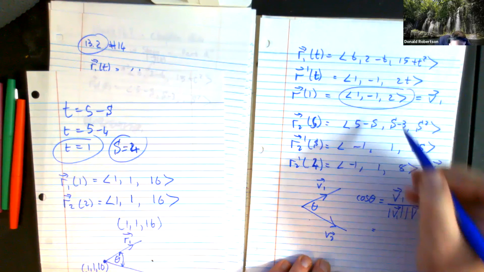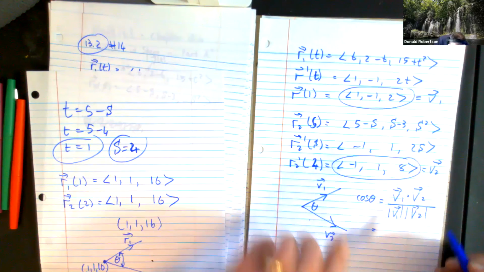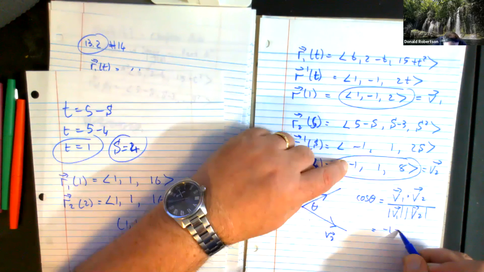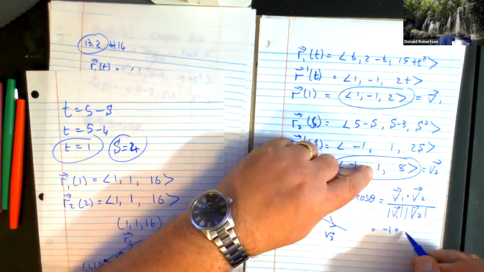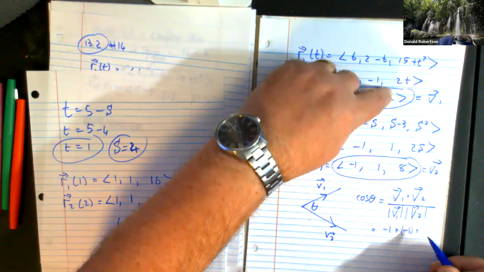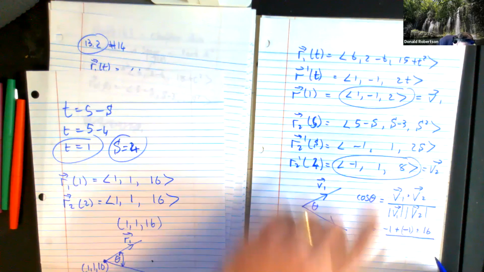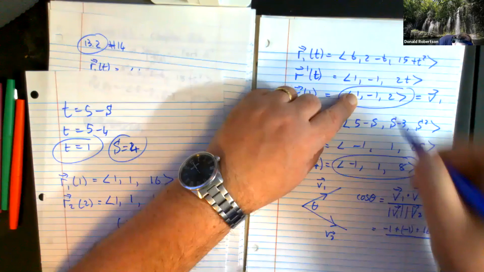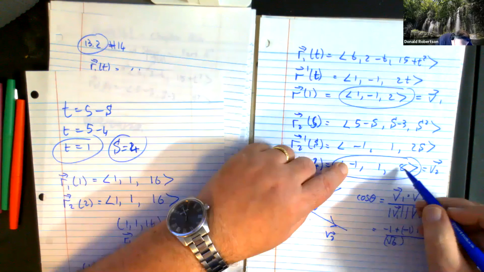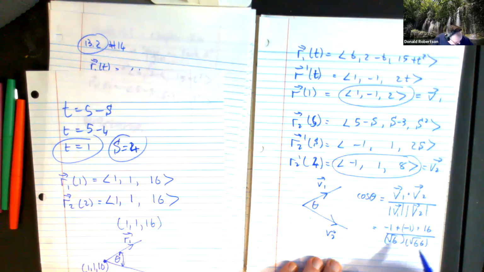So let's see what we get. 1 times negative 1 added to negative 1 times 1 added to 2 times 8, which is 16. So that goes in the top. The magnitude is 1, 1, 4, 6, square root of 6. The magnitude is 1, 1, 64, 66. The top ends up being 14, and the bottom ends up being that guy.